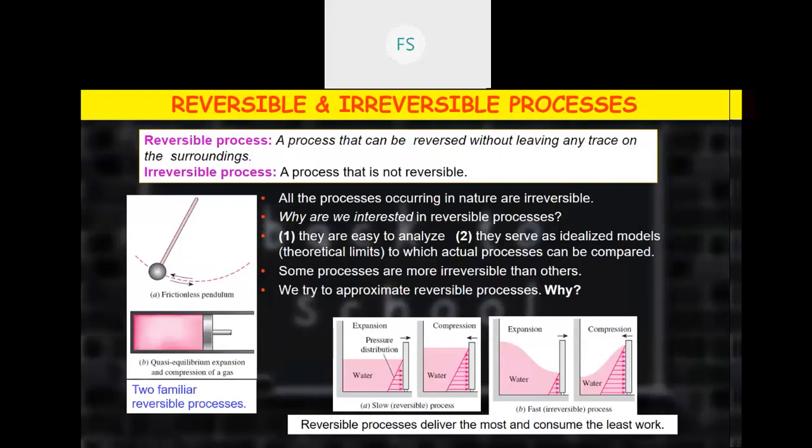Okay, so we have done the first half of the second law of thermodynamics. For the second half, we are going to discuss reversible and irreversible processes.